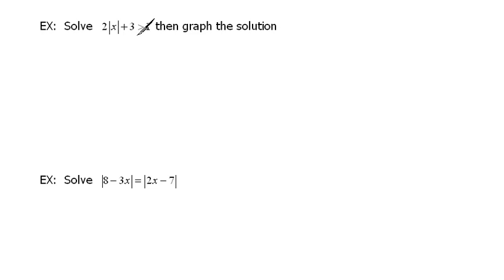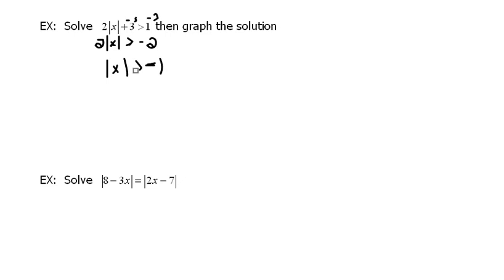So I'm going to subtract 3 from both sides to get 2 times the absolute value of x is greater than, if I subtracted 3 from both sides, that would be a negative 2. And now if I divide both sides by 2 to get this absolute value alone, I would have the absolute value of x is greater than negative 2 divided by 2, which would be a negative 1.